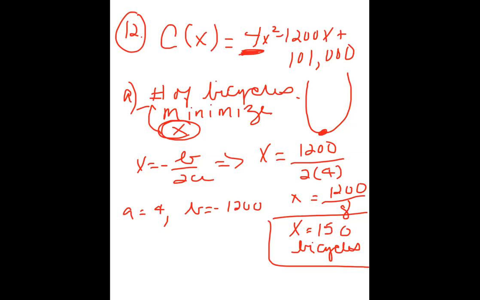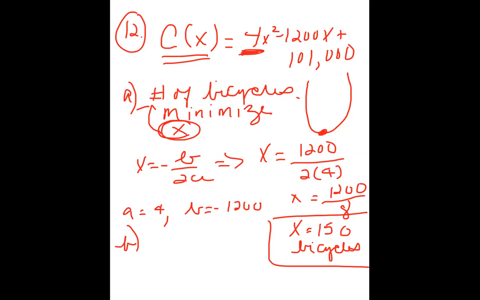Now, part B, they want to know what's the minimum cost. So when 150 bicycles are produced, what is the cost to produce those 150 bicycles? How much is it going to cost to produce 150 bicycles? That's the question, guys.